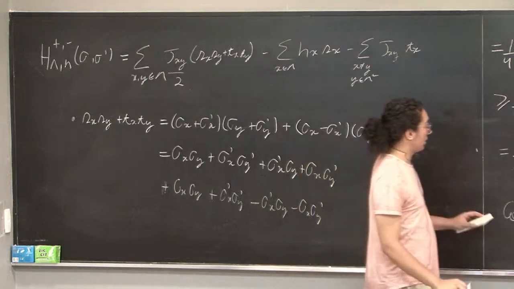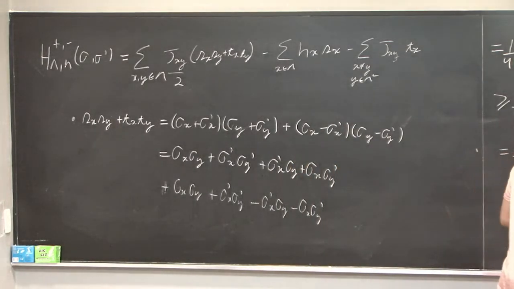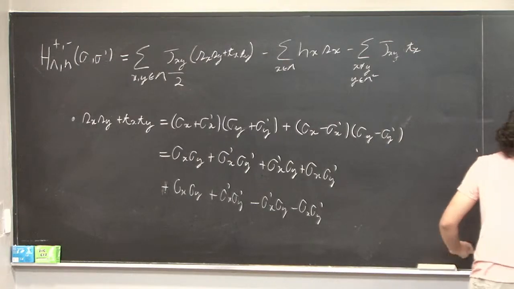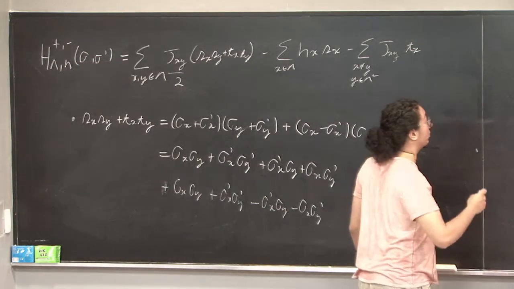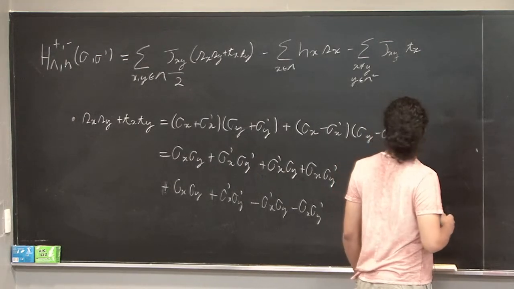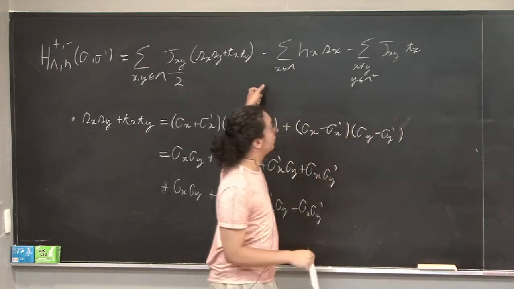Okay. So now we have rewritten the Hamiltonian. Not all of this is actually necessary for now, but it's gonna be useful later. So actually the Hamiltonian has this form, right?